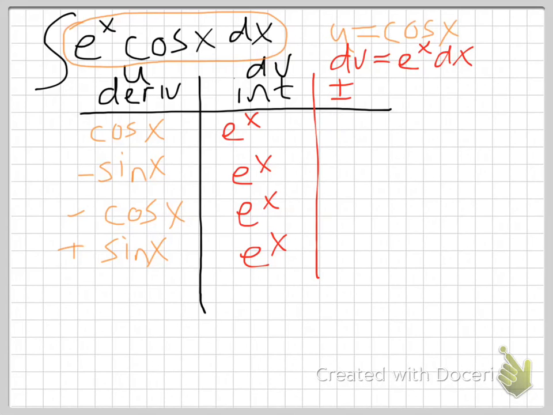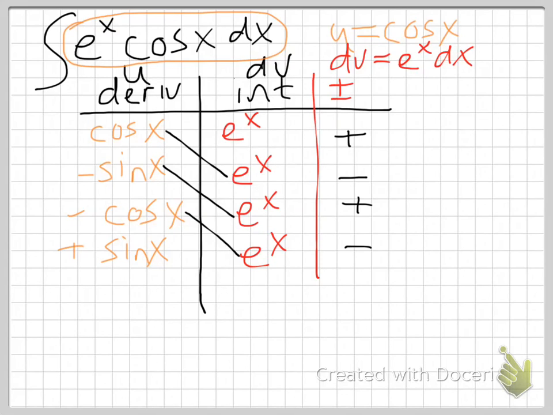Alright, so remember the step is to connect the diagonals of these two entries. And we notice something. The first step is a plus sign. Then the second term is going to be minus, and then we have a plus again, and minus if we need it.